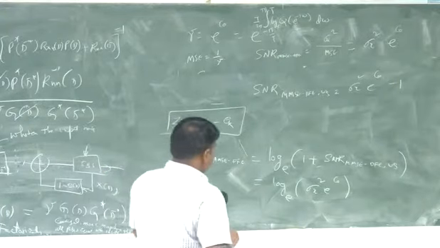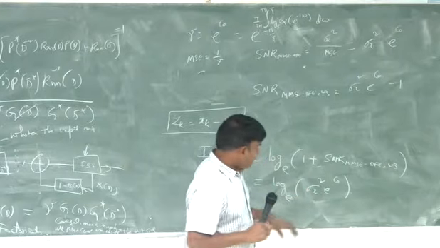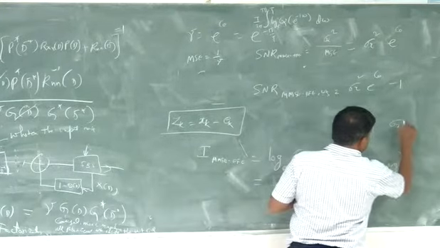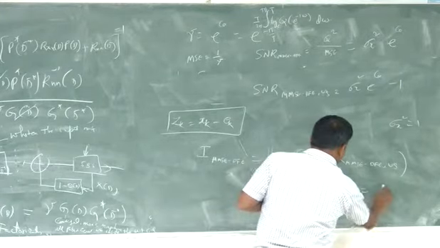Okay, without loss of generality, we'll just assume, actually you can make some simplifications. We'll assume sigma x square is equal to 1. You can always make it 1. And this will become equal to c naught.